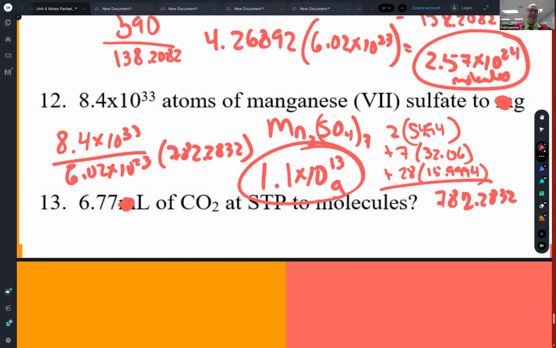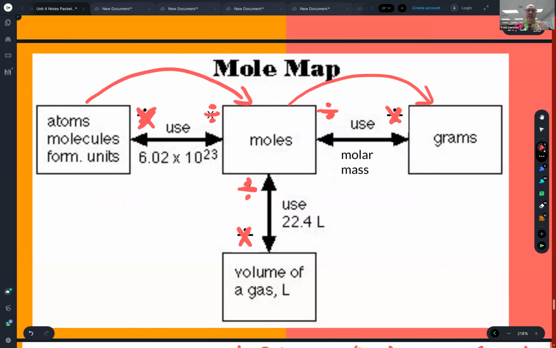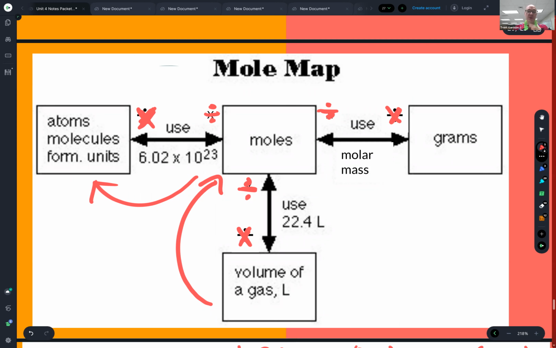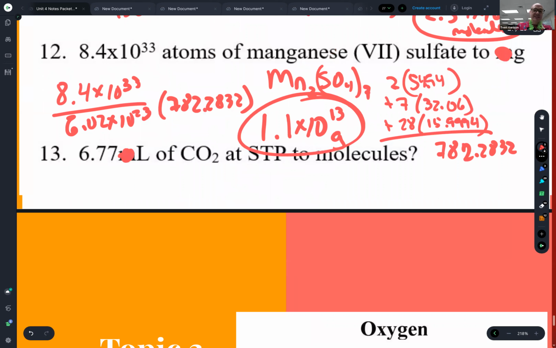All right. Last, I've got liters going to molecules. So in this problem, I'm starting down on the bottom and I'm going liters to molecules. So I go up to moles and then I go out to atoms. So I've got to hurry up here because this is my last problem before I go and find people to help with bear block. So I've got 6.77 liters.